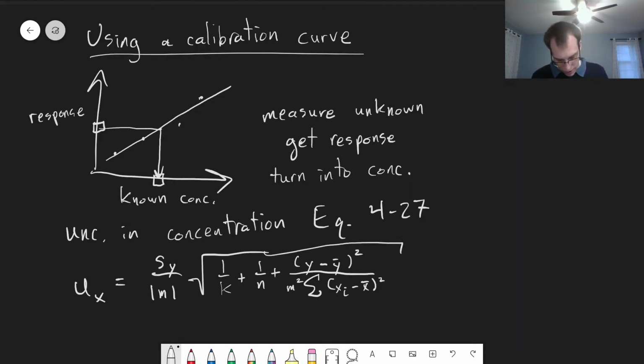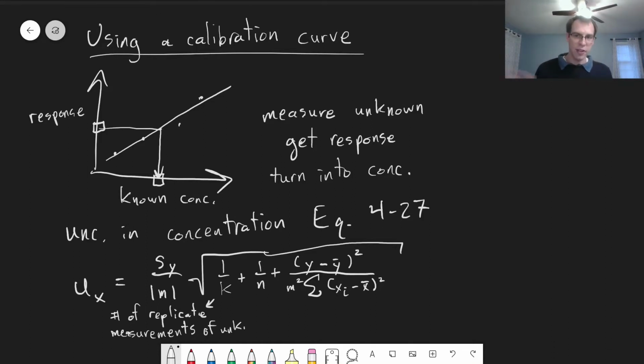Okay, so k here is the number of replicate measurements of the unknown. So say we do this experiment and we measure it 3 times and then average those values and put this in. k would be 3 in that case.